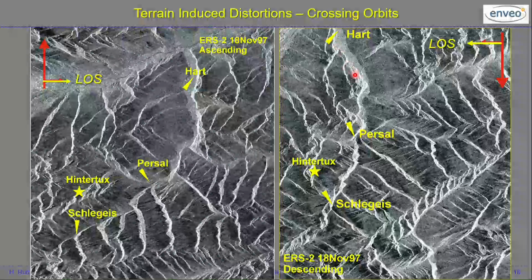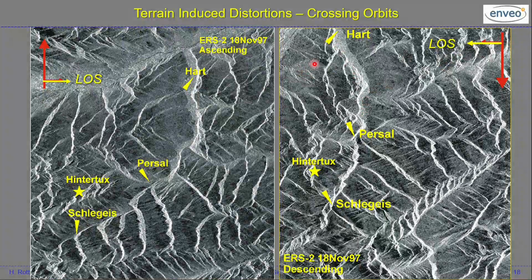This is the main Zillertal. Here the slope which is facing to the east is compressed and reflected to the opposite side, and this is exactly the opposite. Here it's the slope facing to the west which is compressed.